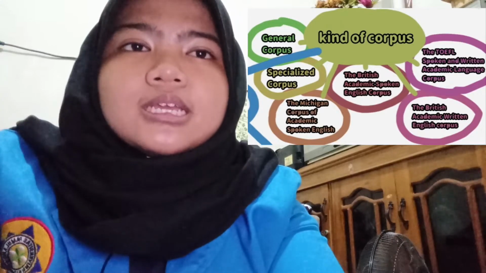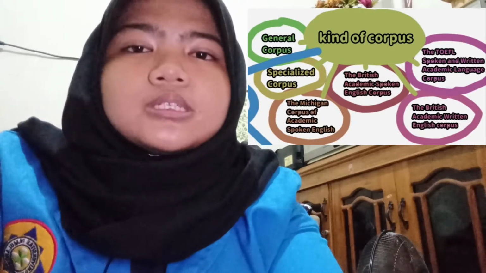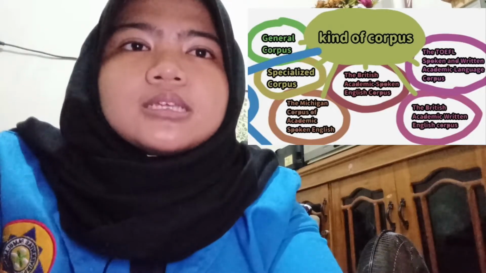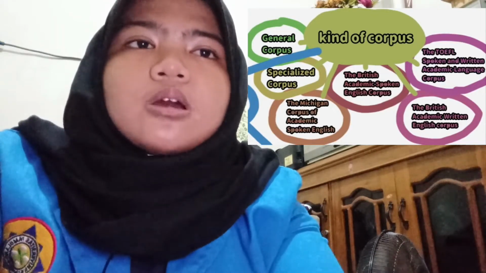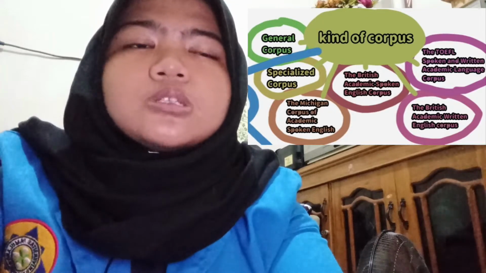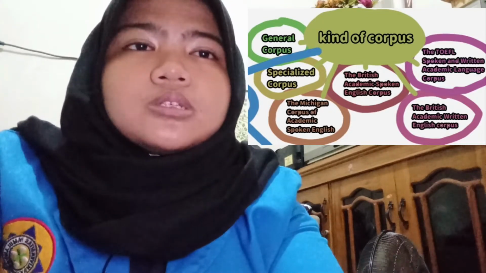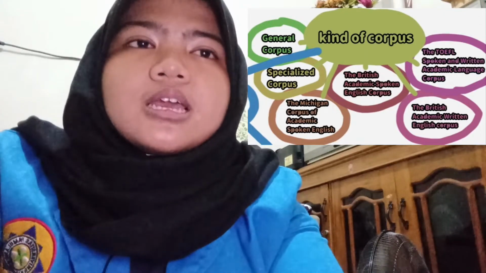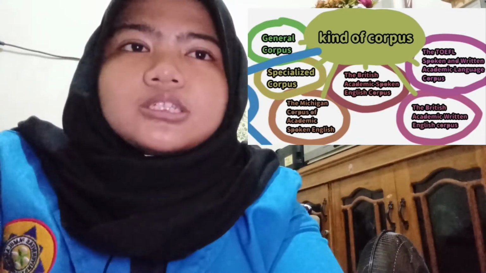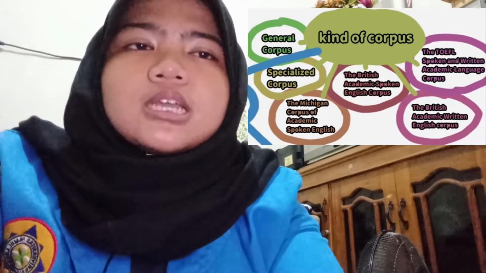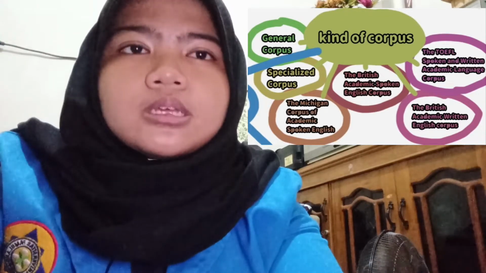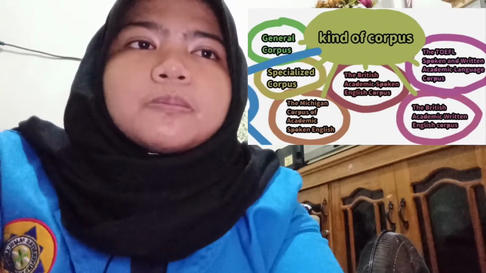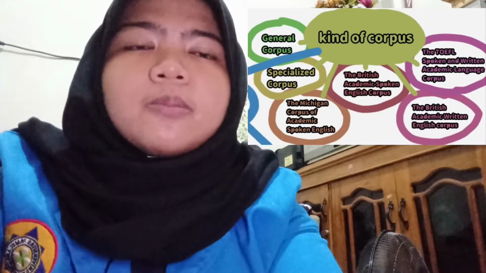The second one is specialist corpus. A specialist corpus, as Huston explained, is a corpus of texts of a particular type, such as newspaper editorials, geography textbooks, academic articles in a particular subject, lectures, casual conversation, essays written by students, etc. It aims to be representative of a given type of text.